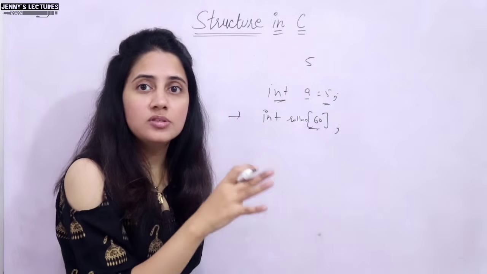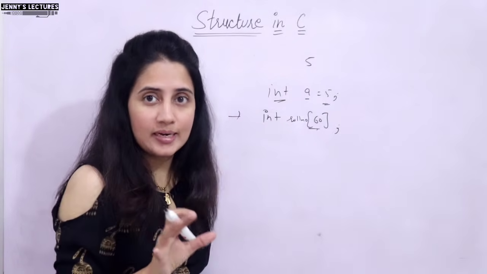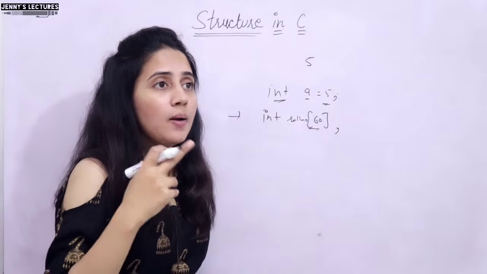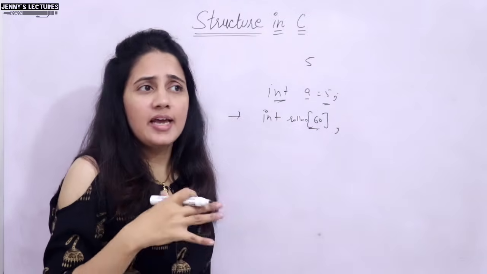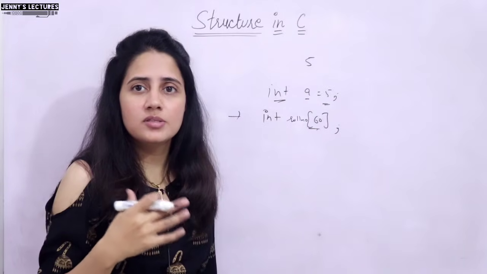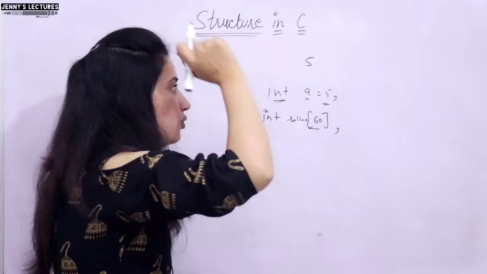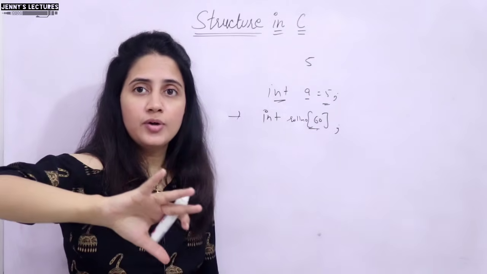Arrays are a homogeneous collection of data items, meaning we can store more than one data item of the same data type, right? But see, in real life, obviously we have to process data of different data types. Suppose I want to store information of a student.